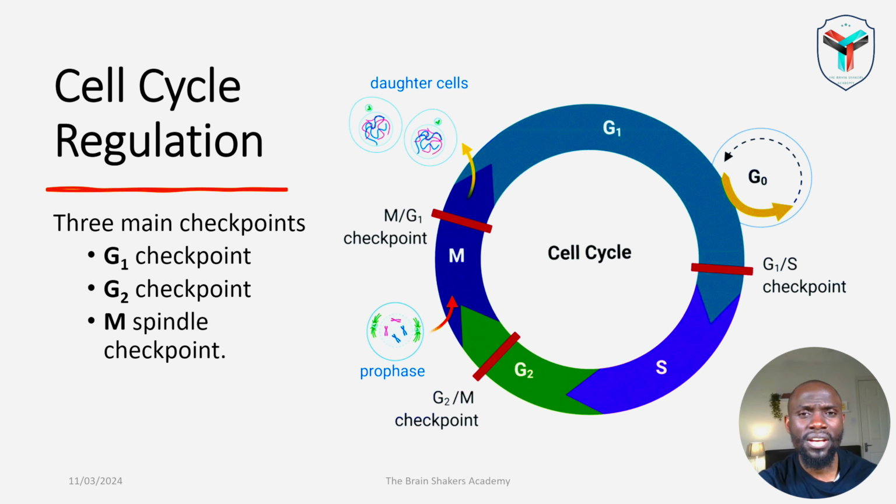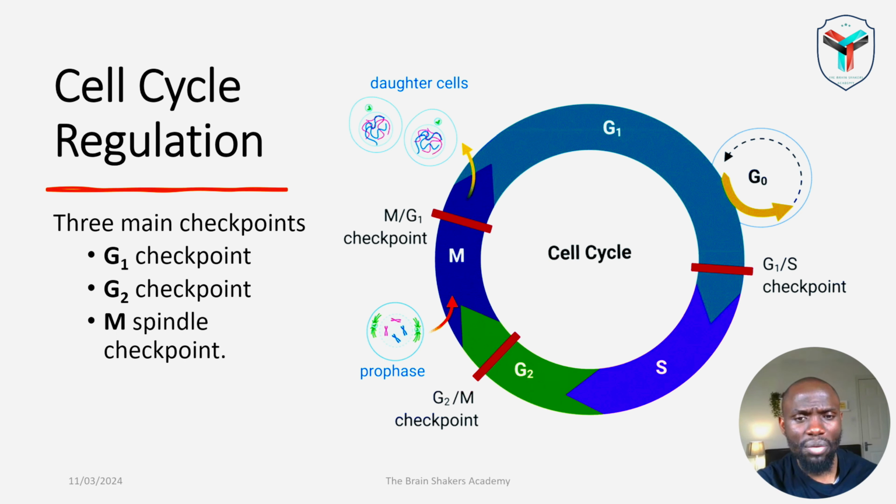The cell enters a phase where it pauses and awaits repairs to be conducted. Once the repairs have been conducted, the cell can continue with cell division. If the cell does not undergo repair, then programmed cell death is going to move in, a process that we call apoptosis.